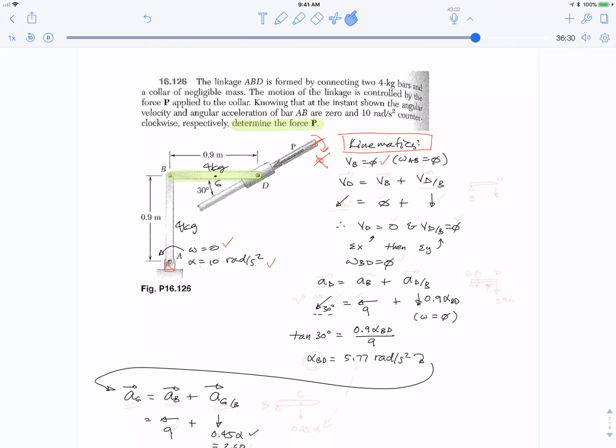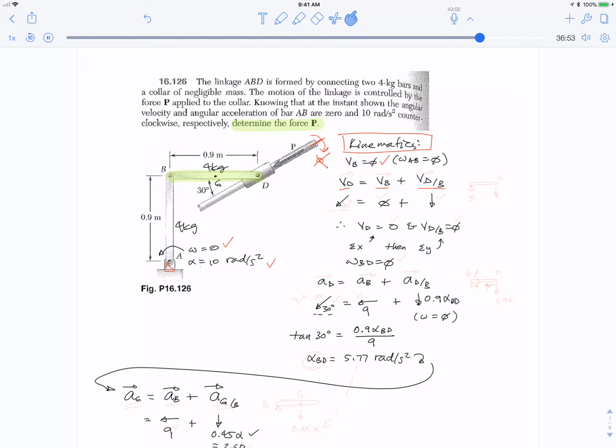So this is not one of those with the Coriolis acceleration and the rotating frame of reference. It's just a regular old relative velocity problem. So we have V of D is V of B plus D relative to B, which means D spinning around B.